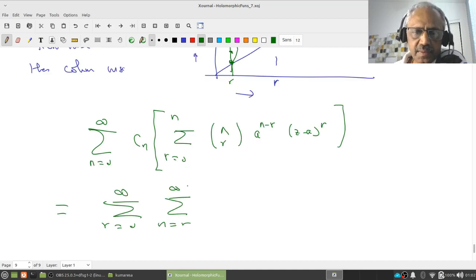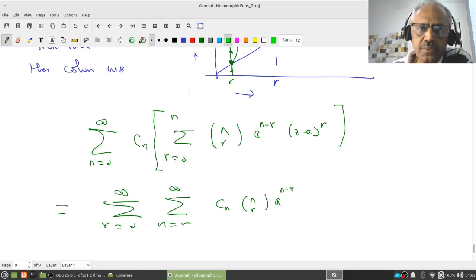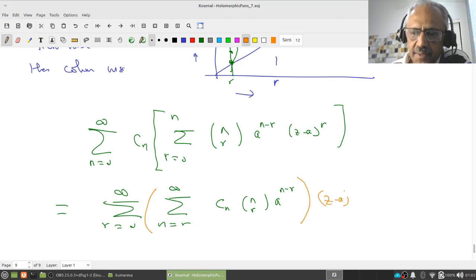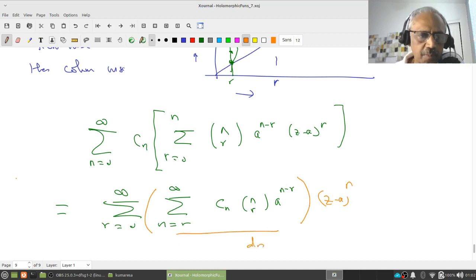Now n is the one which I am choosing, therefore it is Cn, n choose r, a to the power n minus r, times z minus a to the power r. So this is your dn.